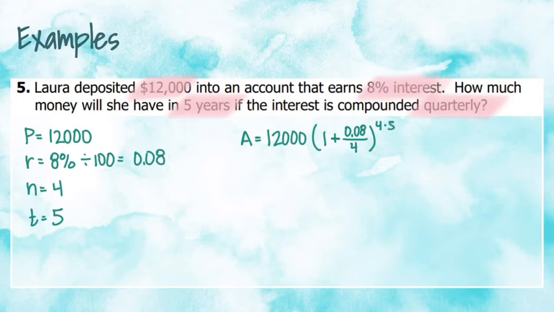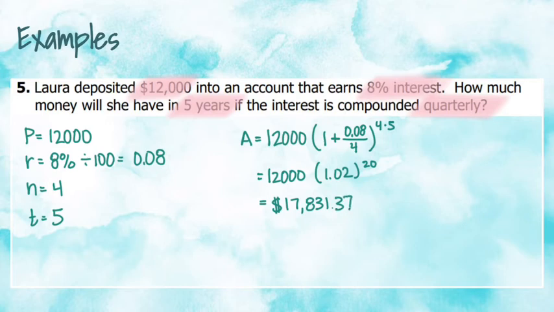Okay, so 12,000 times 1 plus 0.08 over 4, to the 4 times 5 power. So if we simplify this a little bit, it's going to be 1.02 to the 20th power, and then get that in our calculators, and we're going to find that in her account after 5 years, she's going to have $17,831.37. That's quite a bit of money in just 5 years.